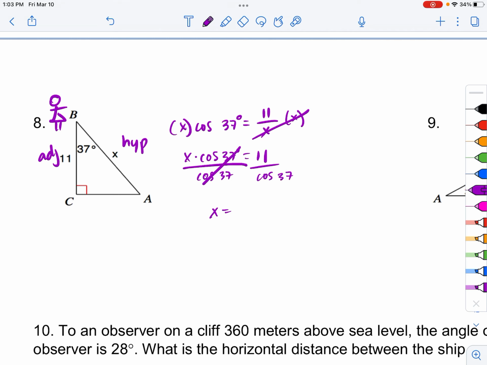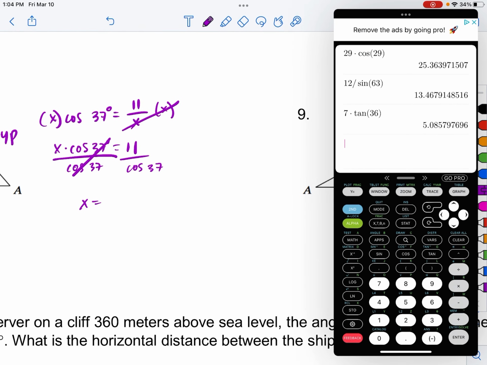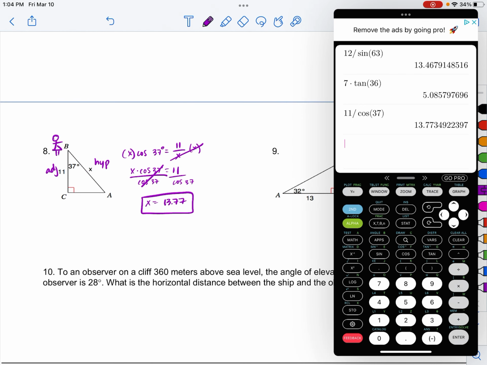And then x is equal to, and we'll plug this in our calculator, 11 divided by cosine 37 is equal to 13.77. So a lot of this is just kind of identifying your sides properly, using the right trig equation, and plugging everything in and solving, okay?